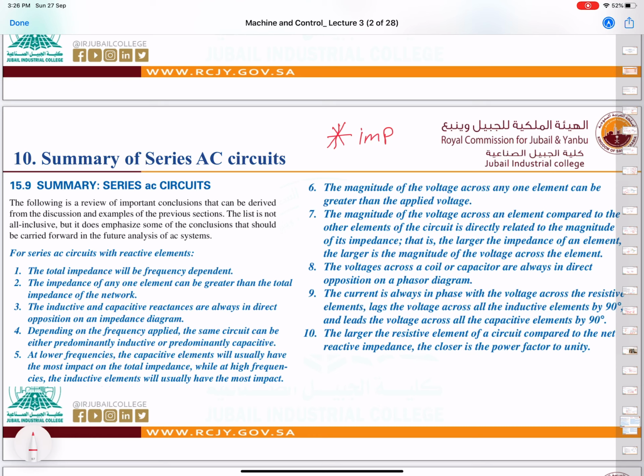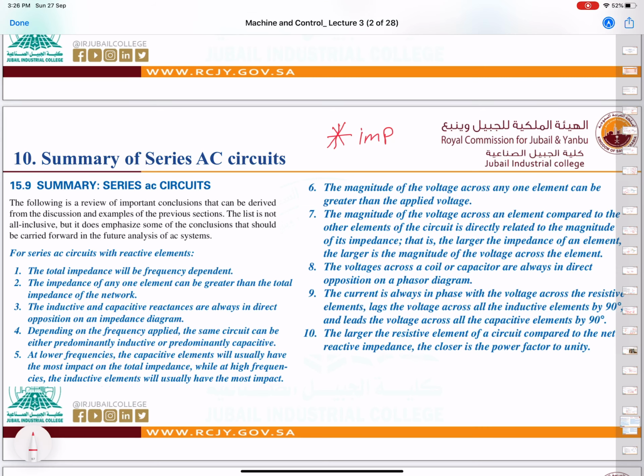It might come as true or false questions, or as multiple choice questions. So try to understand each sentence here. This is the summary for this lecture.